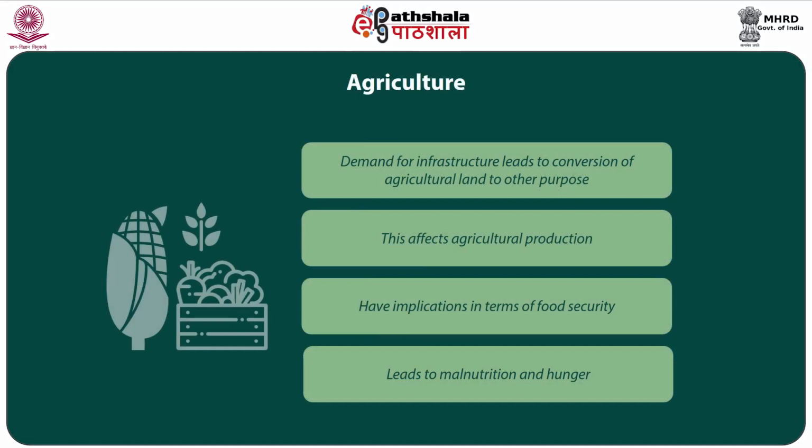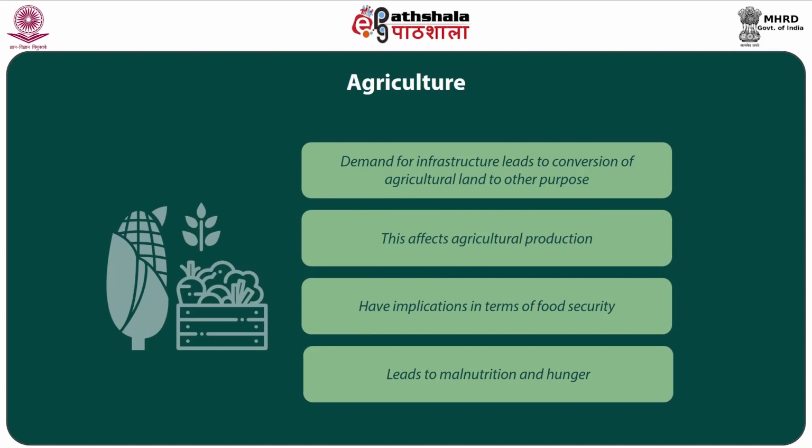We discussed briefly about agriculture, but some more ideas on agriculture. On one hand, you have low returns from agriculture because of issues related to technology. On the other hand, the demand for infrastructure increases, that leads to conversion of agriculturally fertile land to other purposes such as industrialization.